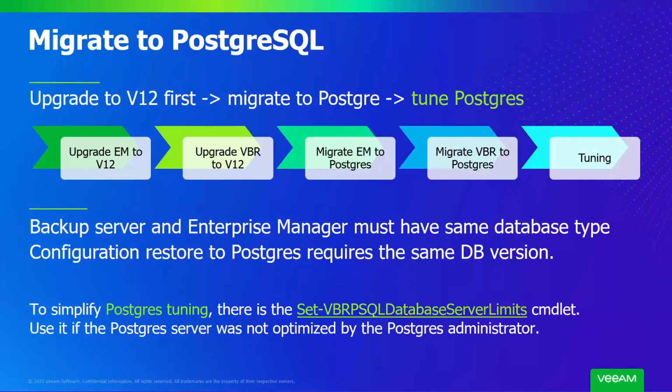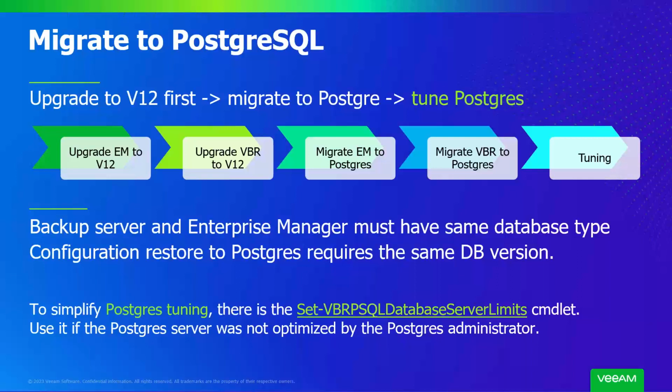You follow the normal wizard to back up your configuration after you upgrade, and then you can recover the configuration backup to the Postgre instance. For Enterprise Manager, the process is similar, but the tool that you use to migrate is a command line tool, which is part of the Enterprise Manager suite. You need to locate it in the Enterprise Manager folder, but you have all the details in the EM user guide if you need them.